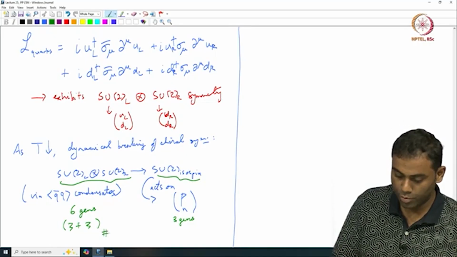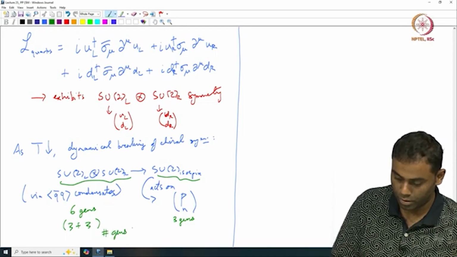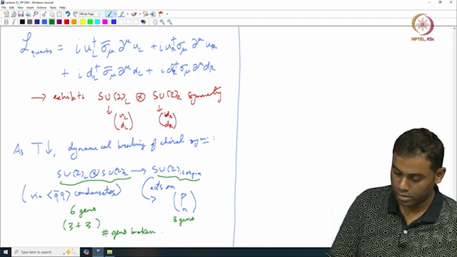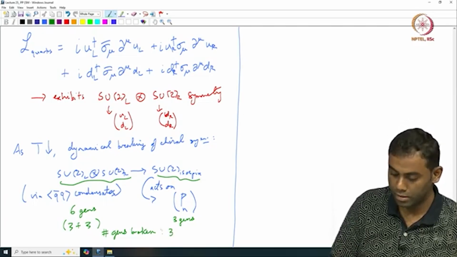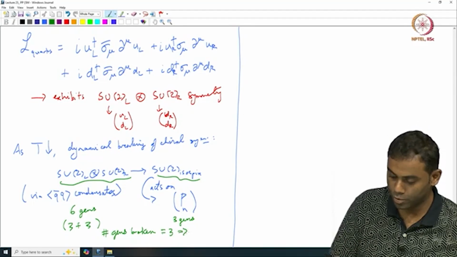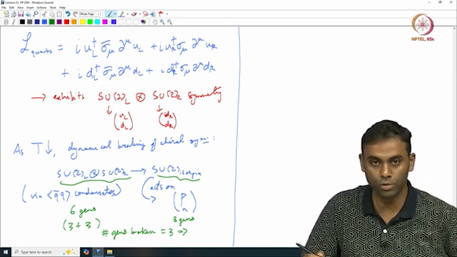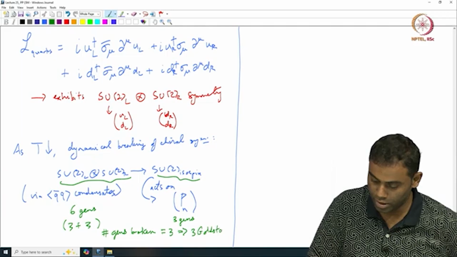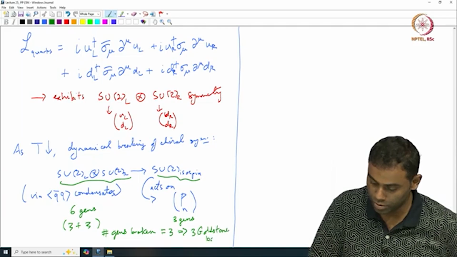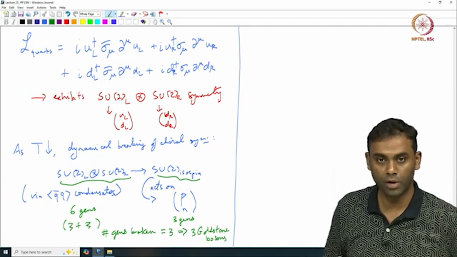So, how many generators are broken now? Three, right? So, that corresponds to how many Goldstones? We just saw by Goldstone's theorem we need 3 Goldstone bosons.